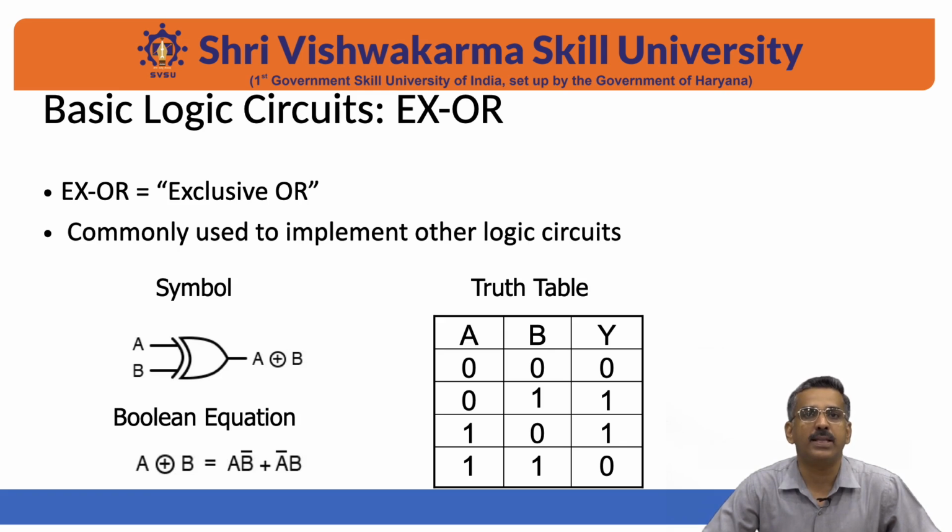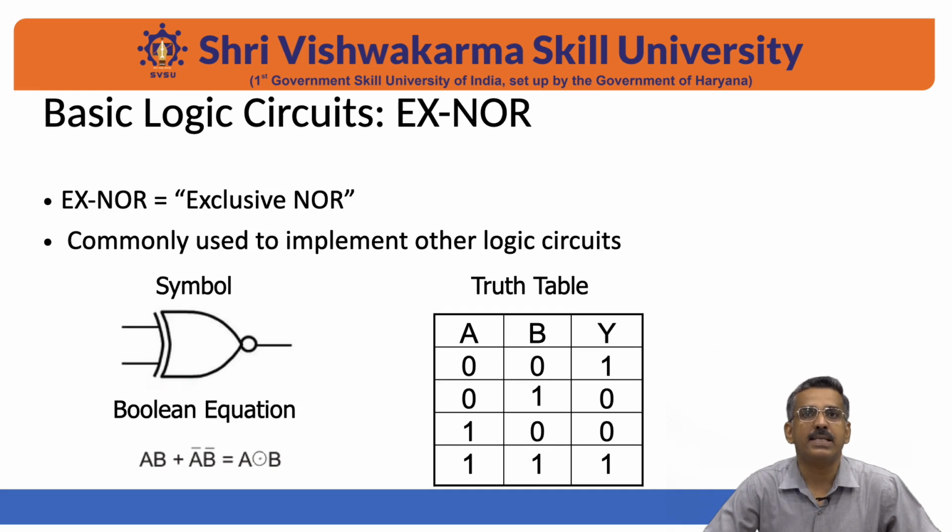In this truth table, whenever A and B equal 0, we get output equal to 0. Under the fourth condition, whenever there is the similar input, that is 1 at both terminals, that is A and B equal to 1, we get the output equal to 0. But in cases 2 and 3, we get output equal to 1. So this is the logic of the exclusive OR gate.